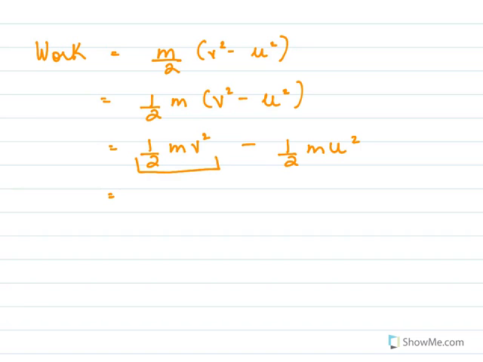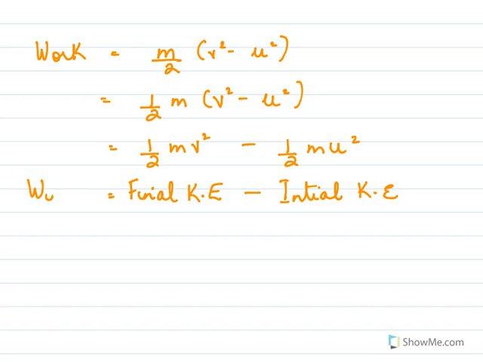Now this half m v square, since v is the final velocity, is the final kinetic energy, and here is u square, so this is minus initial kinetic energy. So work done can also be written as change in kinetic energy. Work done is equal to change in kinetic energy.